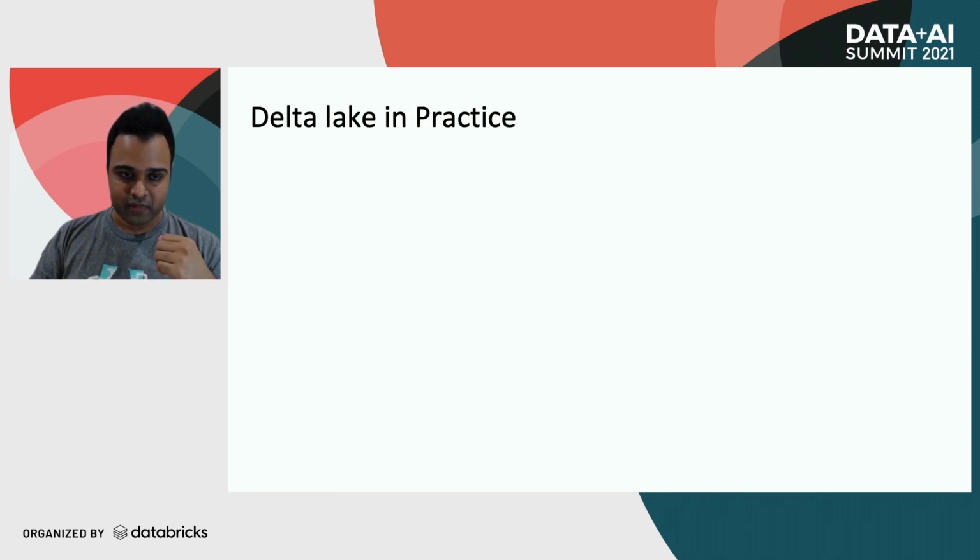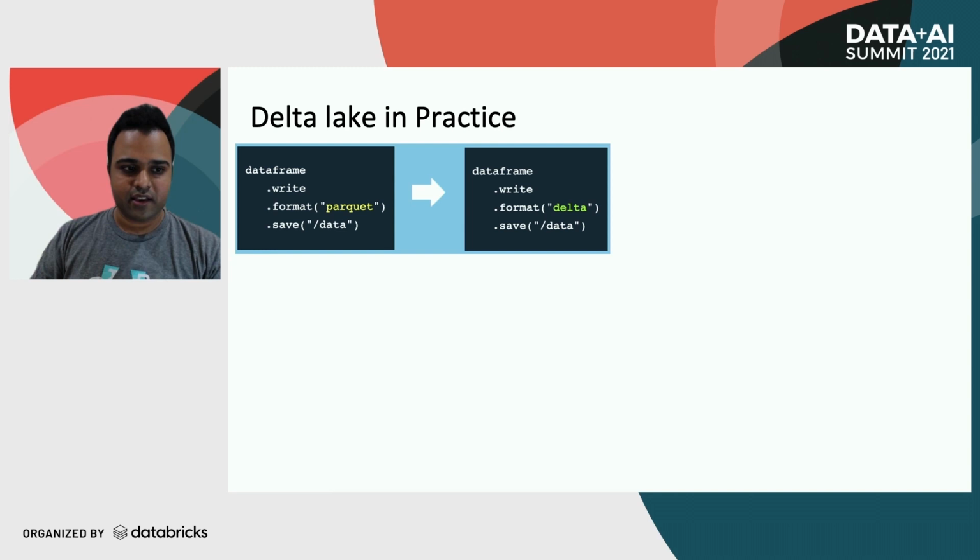So in practice, how does Delta Lake look from an API point of view? For everyone who uses Parquet, instead of using dot format of Parquet, we just use dot format of Delta. That's all. That's the major thing. The key point that we are going to focus on today is the updates.